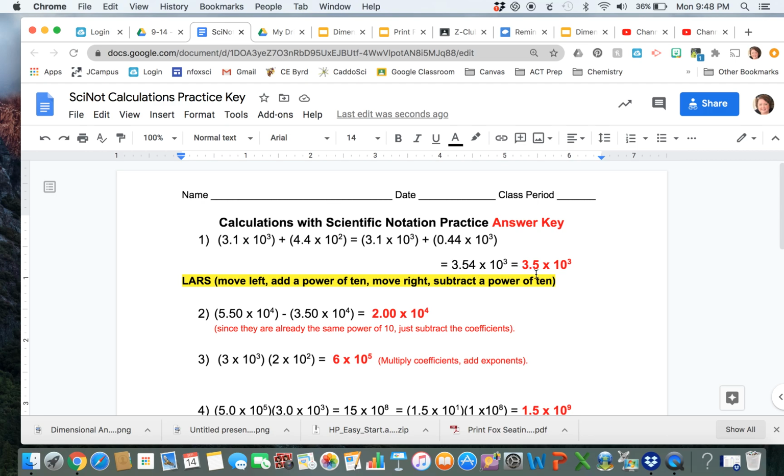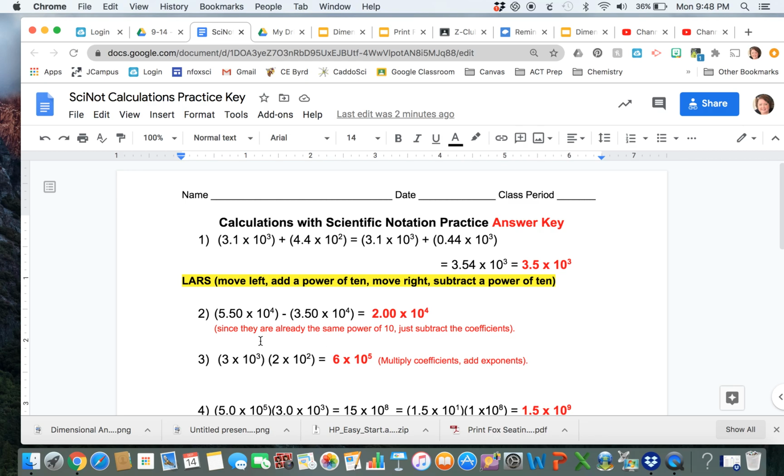Now I'm going to remember that my rules of significant figures tell me that I have to limit and round to the least number of decimal places when I add or subtract. So because my original values just went to one decimal place, the least value is to go to one decimal place, 3.5 times 10 to the third.